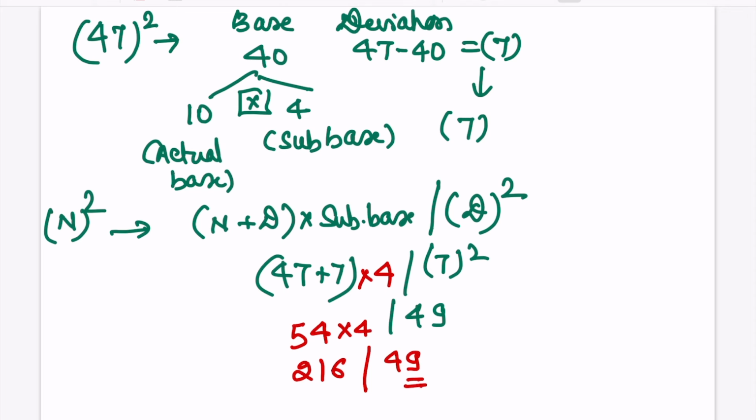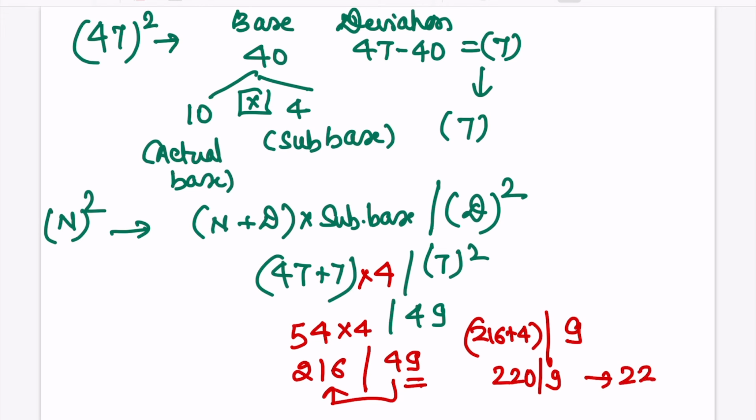Now since I have to keep one digit at RHS, since it is near to the base 10, which has only one digit, I'll keep 9 here, and 216 plus 4 will give me 220 and 9. So my answer is 2209.